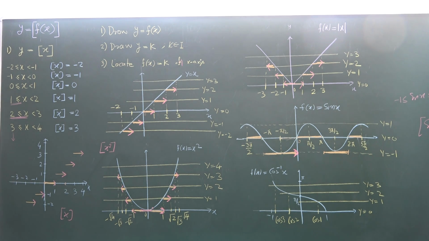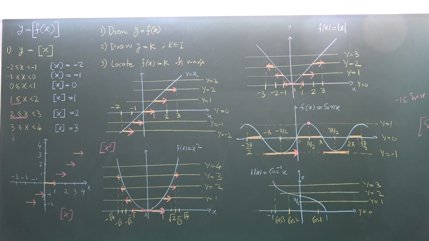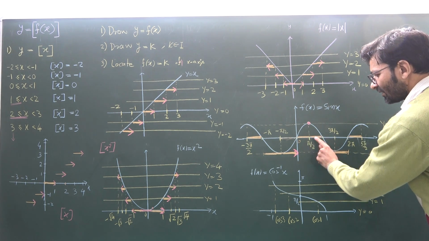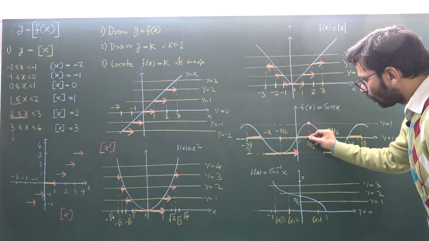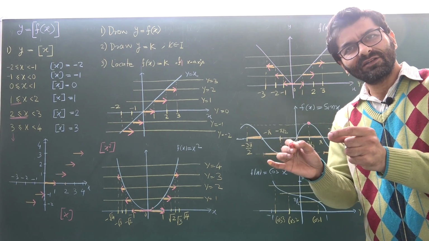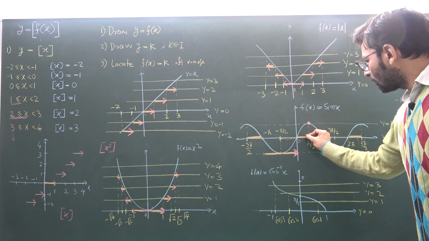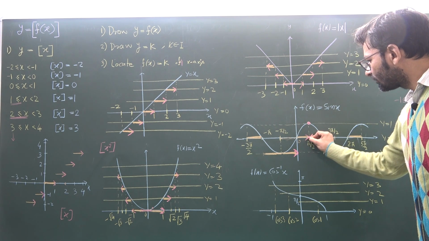What about pi by 2? At pi by 2, y coordinate is 1, which means greatest integer of x must be 1. But if you slightly move in either direction, greater than or smaller than pi by 2, y coordinate is slightly less than 1, which means greatest integer must be 0. So discontinuity on this side and again this side.